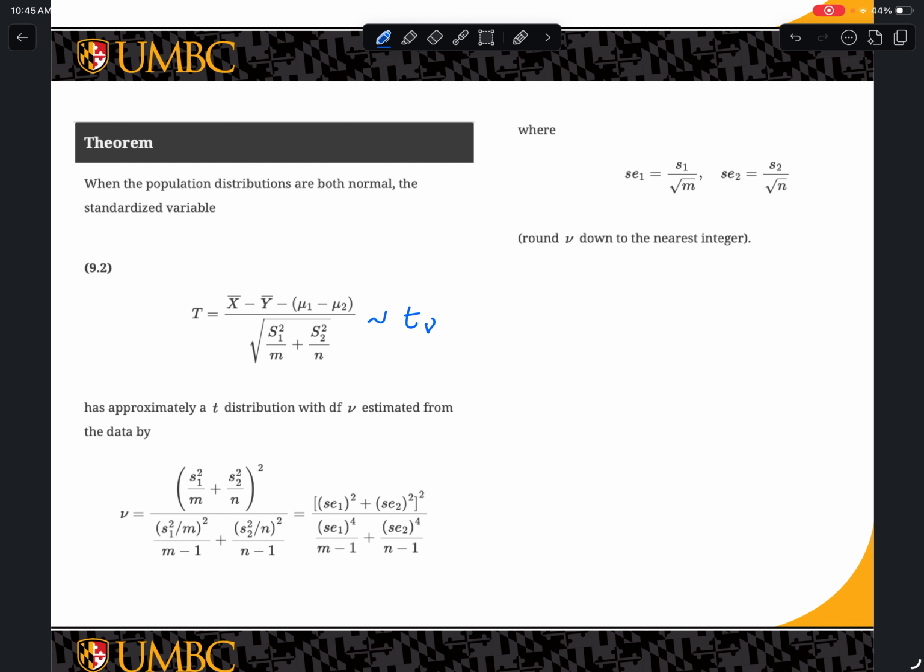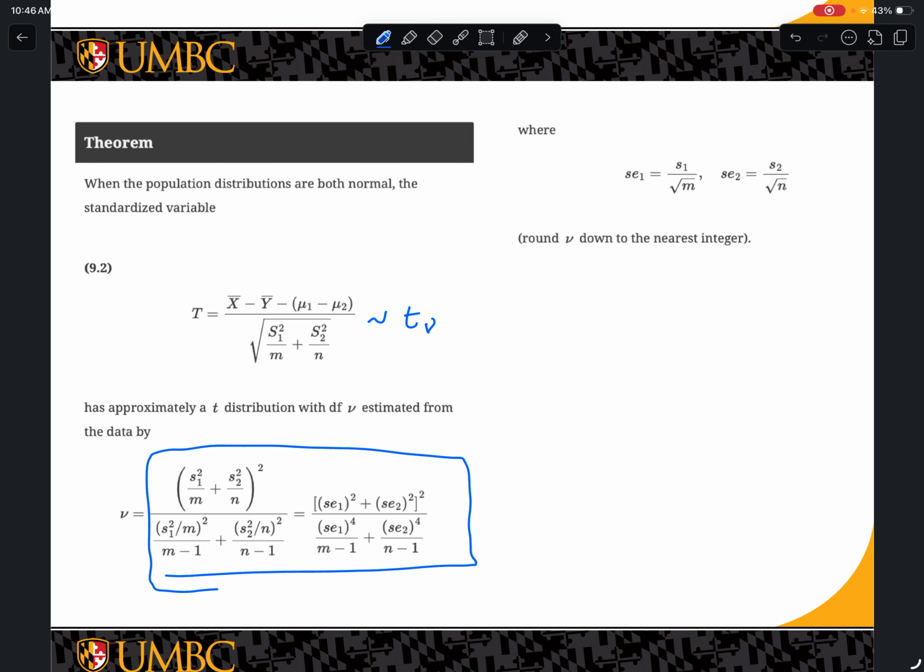And that degrees of freedom is here. So this is just showing you that we know something about the distribution of x bar minus y bar if we know the true values of the population means. If we know the true difference, mu1 minus mu2, then we know how this thing is distributed. And that is what allows us to do our hypothesis tests and make our confidence intervals.